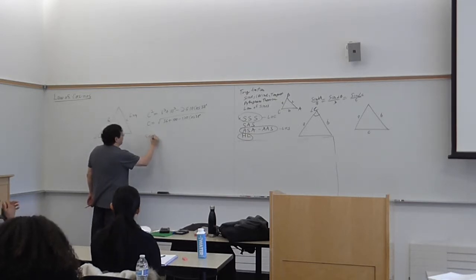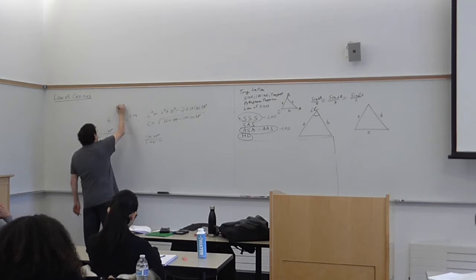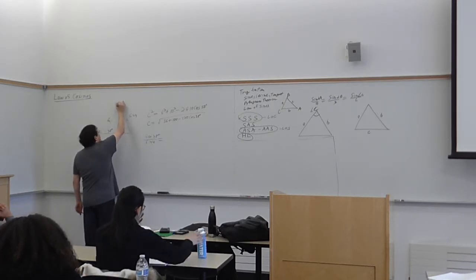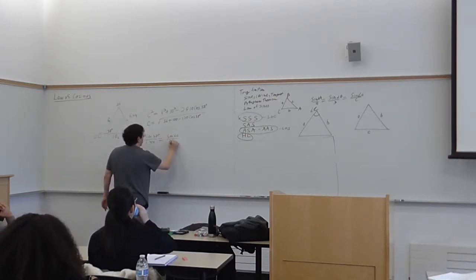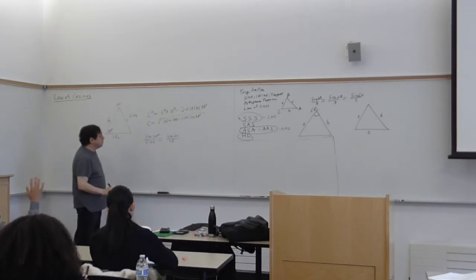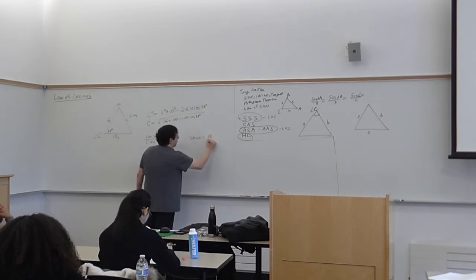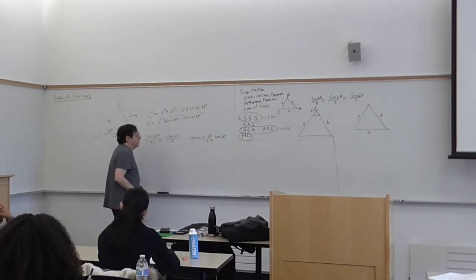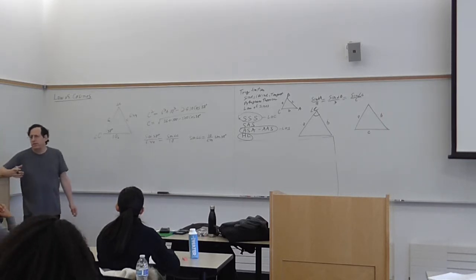So we know that the sine of 38 degrees over 6.44 will equal, I guess this is now angle C, sine of angle C over 10. So we can just solve this for sine of angle C is 10 over 6.44 times the sine of 38 degrees.